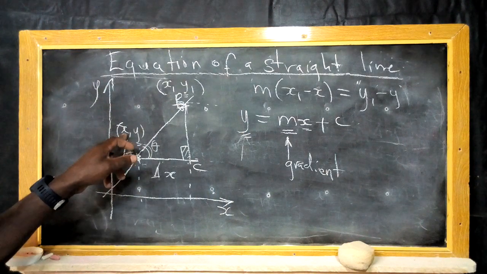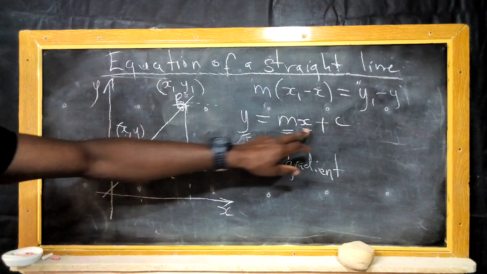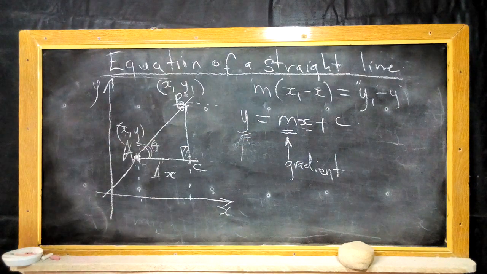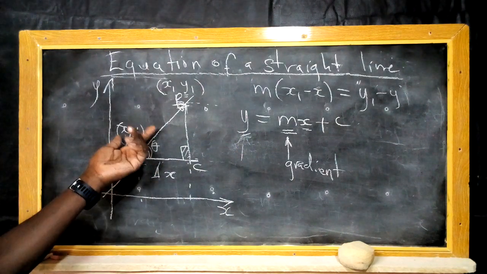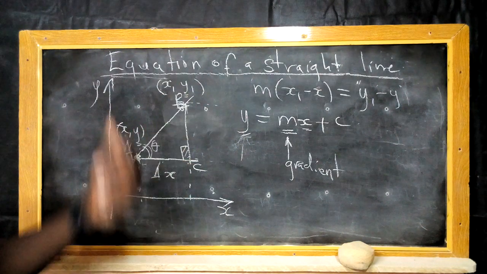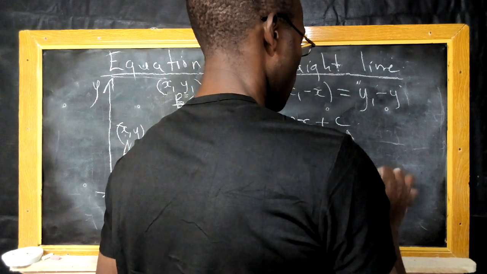So this is just a general form of the points of the coordinate on that particular line. Any point of the coordinate on that particular line can be (x, y) or (x1, y1), etc. And this c is known as the y-intercept.